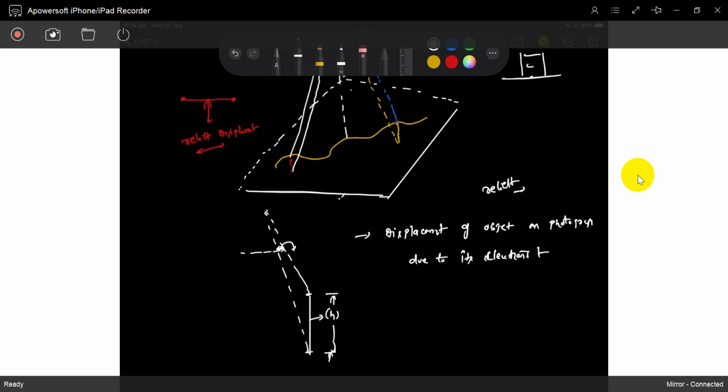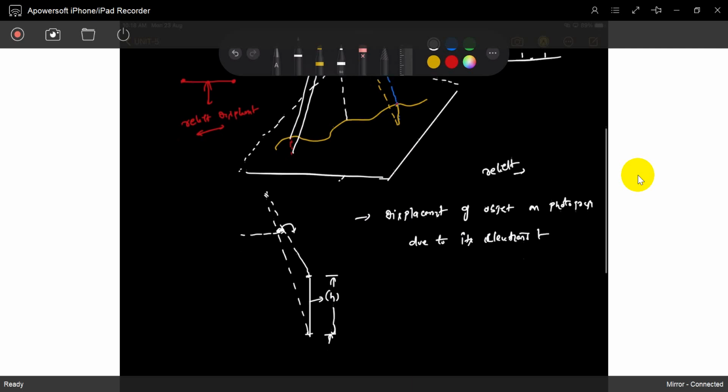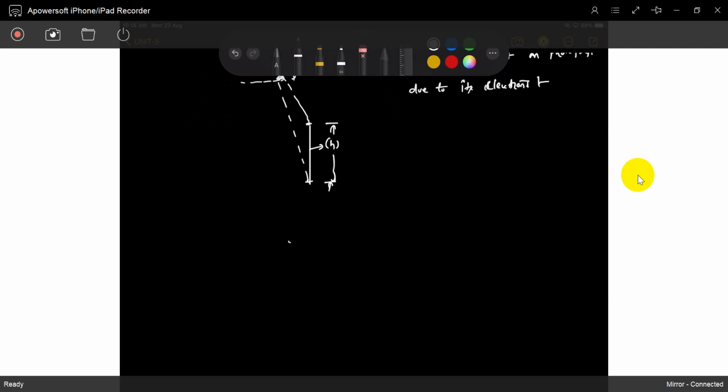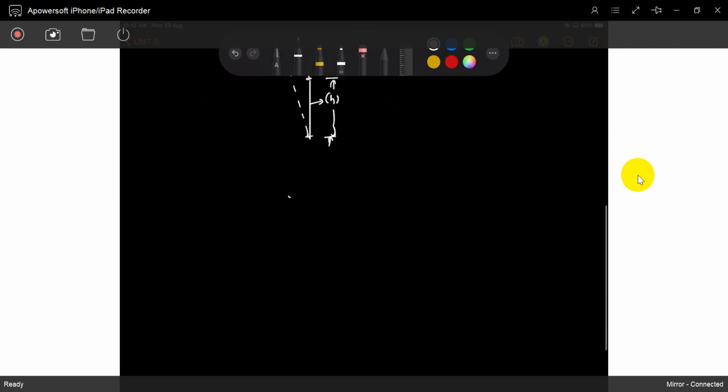You can find out the height of that object using the relief displacement. Understood? That's the one thing I want to say. So now you can find out the relief displacement. Okay, so I will give the proof.